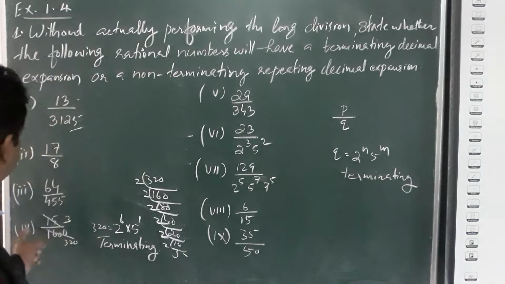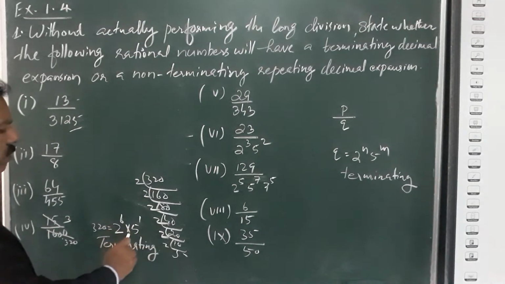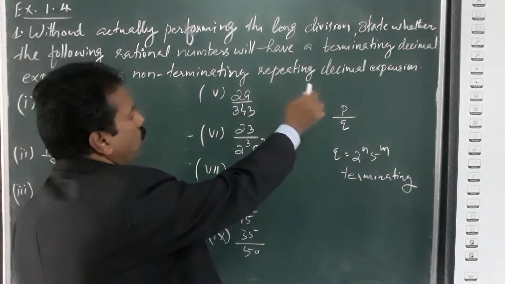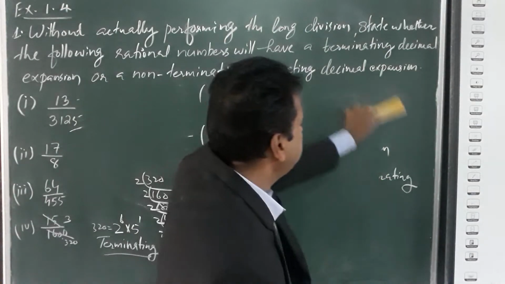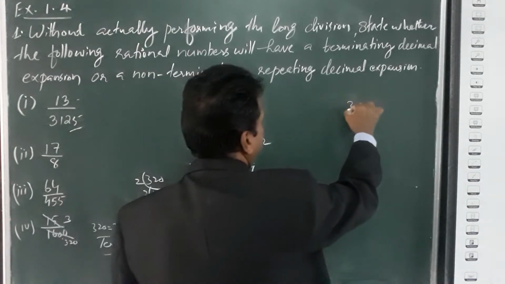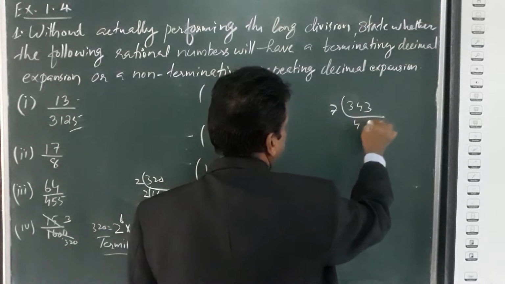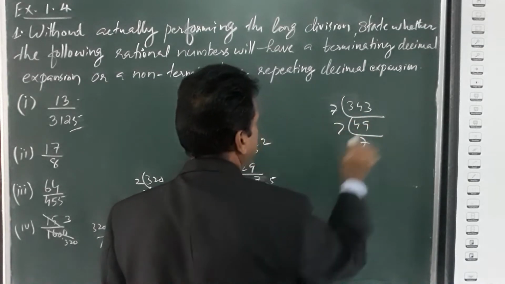Question number 4: 15 by 1600, and the common factor is 5. 3 times 5, 320 times 5. If you factorize, it is 2 raised to 6 into 5 raised to 1. It is terminating. Now in this question, 29 by 343. 343 is 7 times 49, and 49 is 7 times 7.